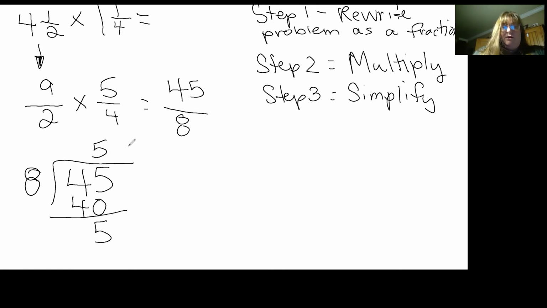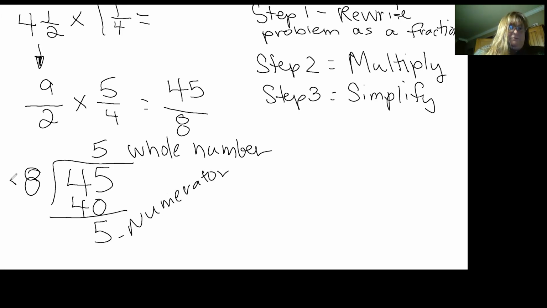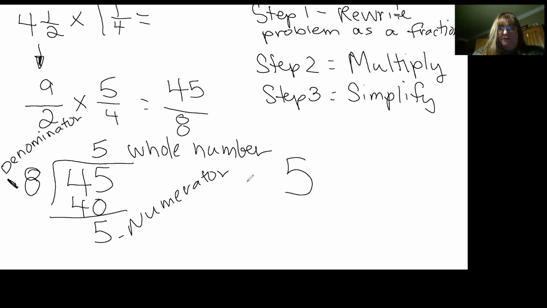Again, remember, the number up here, that is our whole number. This number down here, that is the numerator. And this number right there is our denominator. So that gives us a final answer of 5 and 5/8.